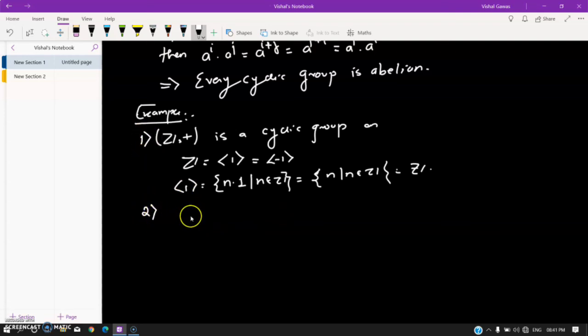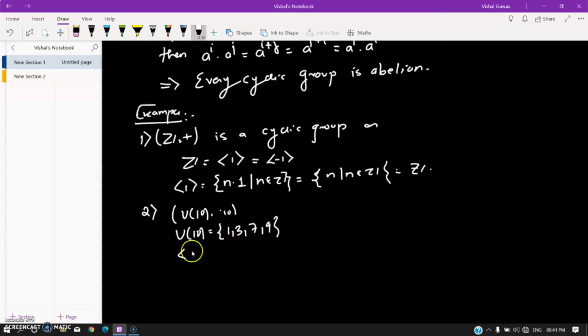Let's look at another example. Let's take U10 with multiplication modulo 10. What is U10? U10 is {1, 3, 7, 9}.